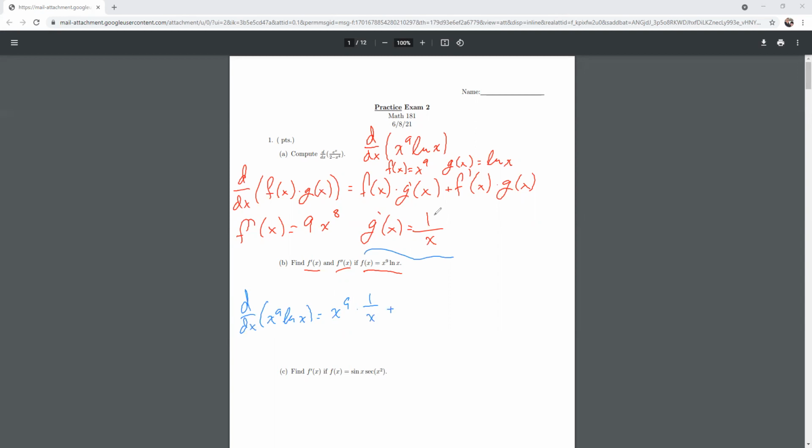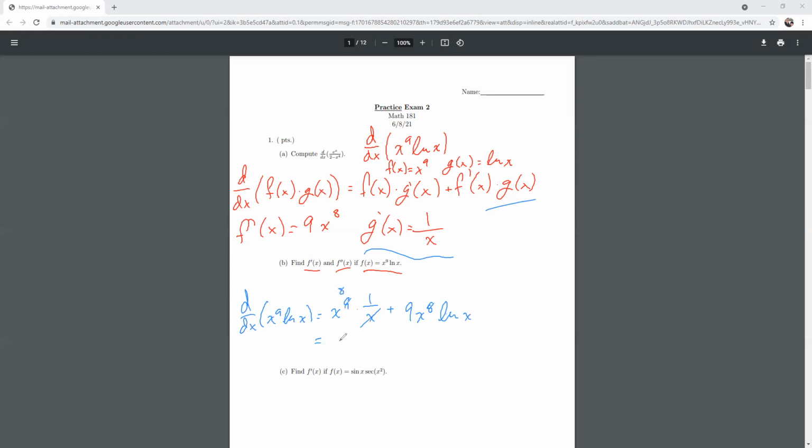Now for the second term, f prime, which is 9x to the 8 times g of x, right? G of x is just ln of x. Okay, so we have the first derivative. Let's clean it up a bit. This is going to cancel out with one of the powers, so it's going to be an 8.